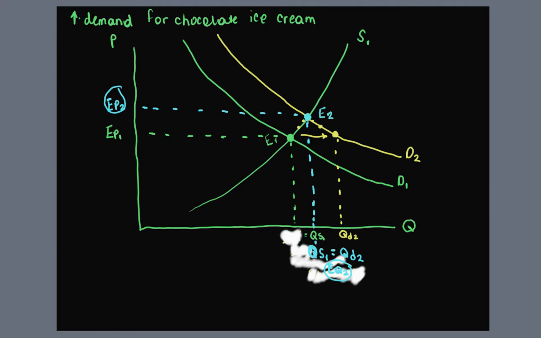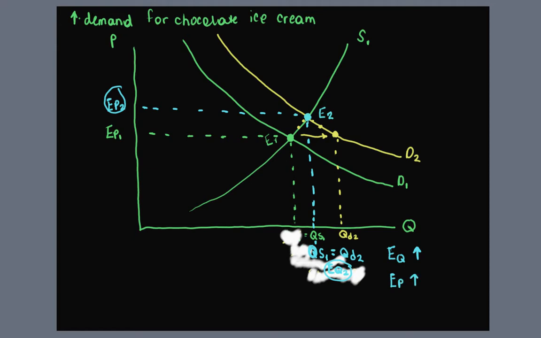This corresponds exactly with what we are told in your book on page 89: when demand increases, the equilibrium quantity will increase and the equilibrium price will increase.